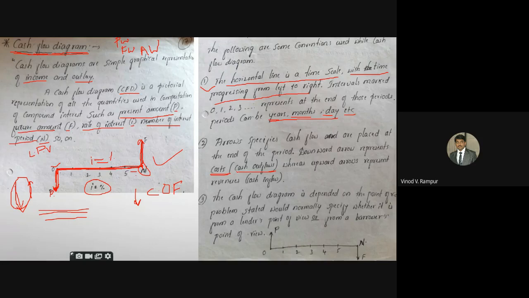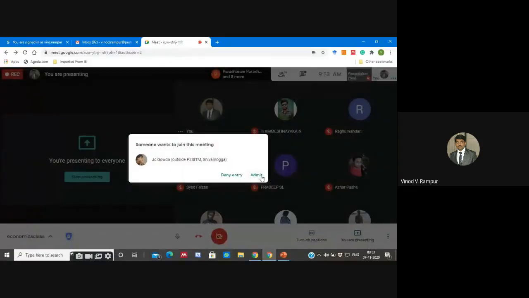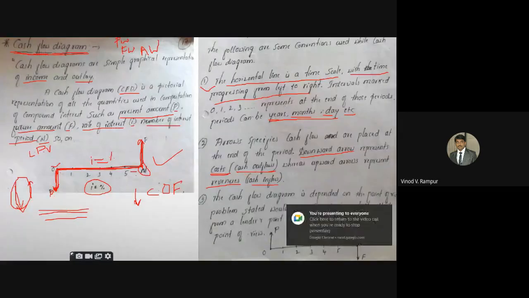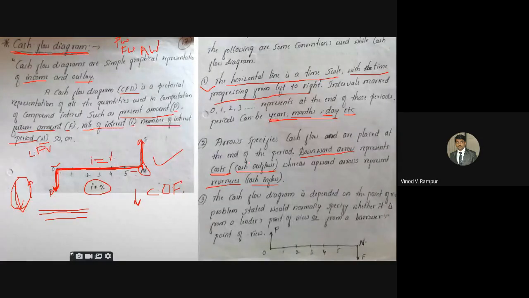So a downward arrow indicates cash outflow, whereas an upward arrow represents revenue, that means cash inflow. Whenever you ask anyone what their income is, you can say instead: what is the revenue you are earning. This is the second condition.